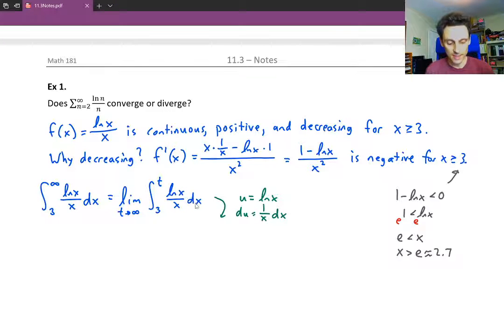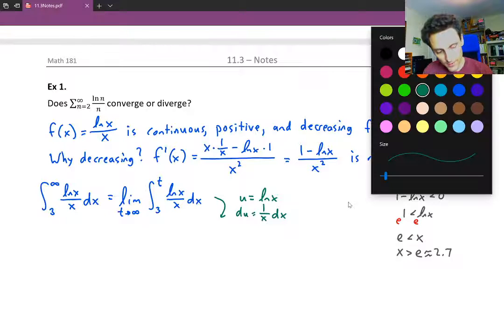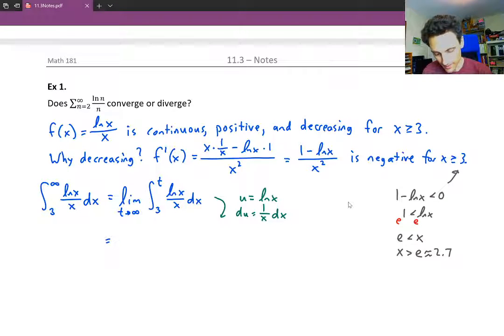You can write the 1 over x dx right here. And as long as we're at it, we'll switch the limits of integration directly. So when x is equal to 3, u is equal to ln 3. When x is equal to t, then u is equal to ln t. Then we have u du.